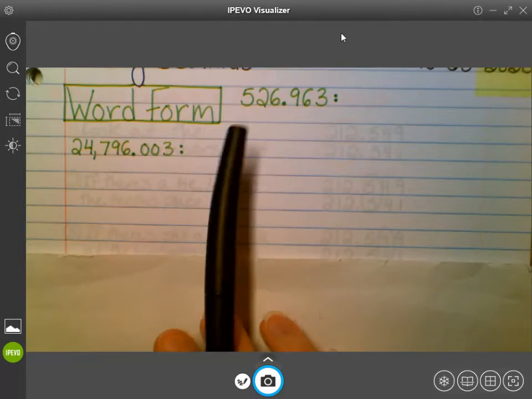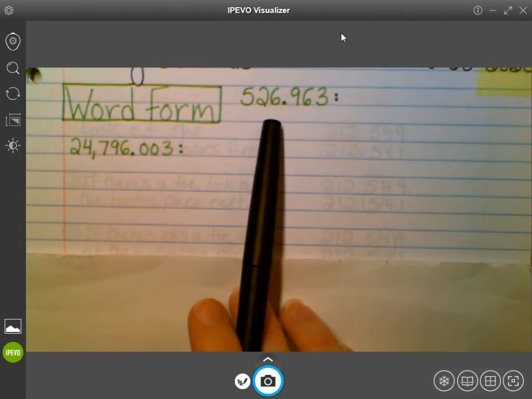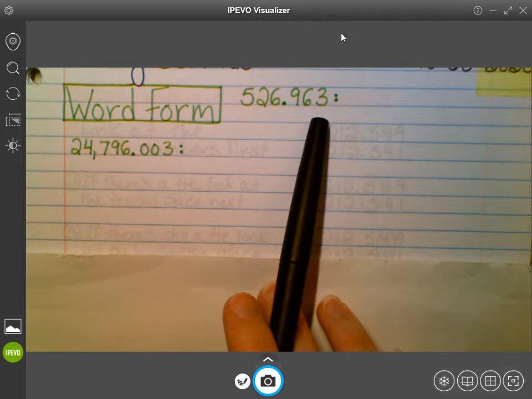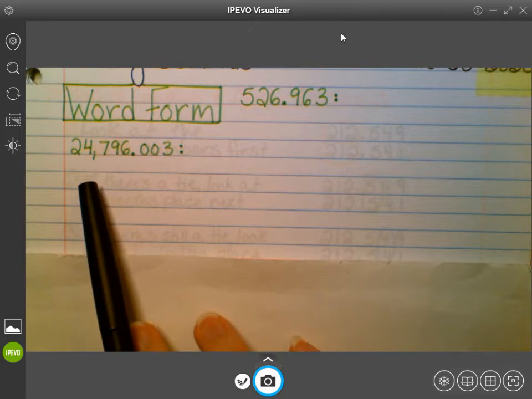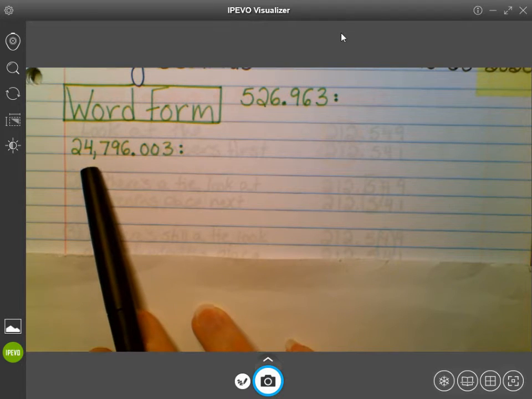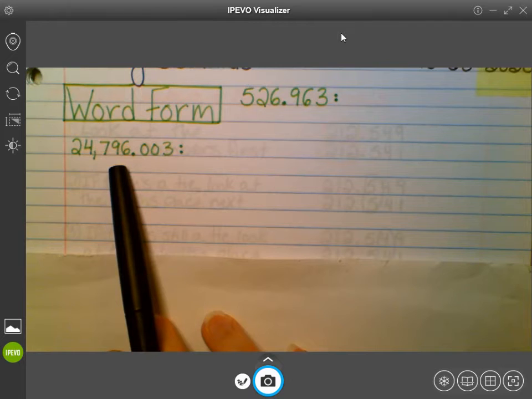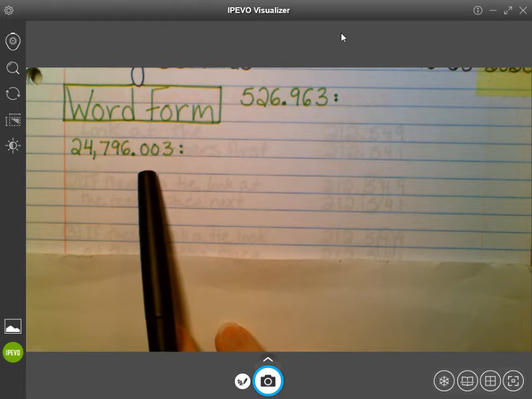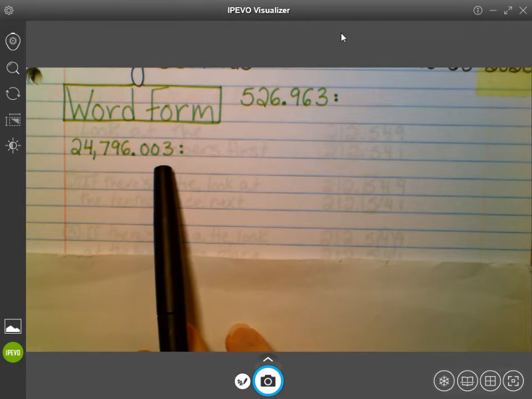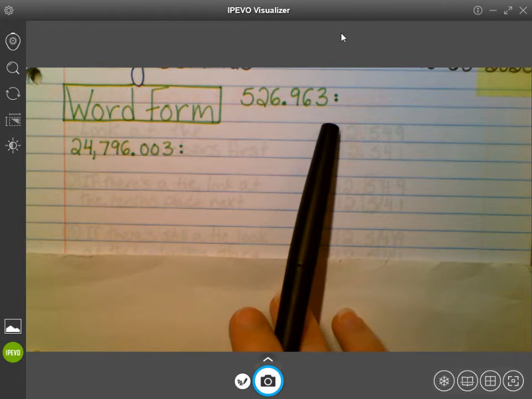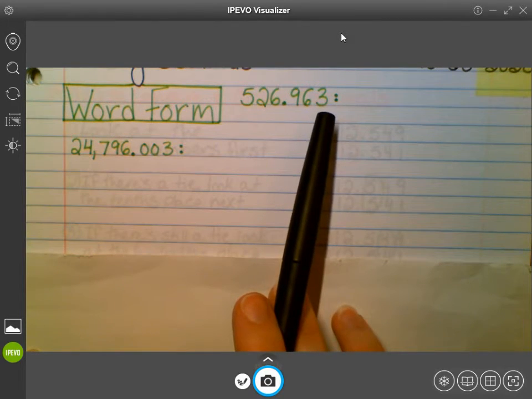So that first number is 526 decimal 963. Then our second number is 24, then we have a comma because it's in the thousands place, 796 decimal 003. And then I put a colon here just as a place for me to start writing the word form for these decimals.